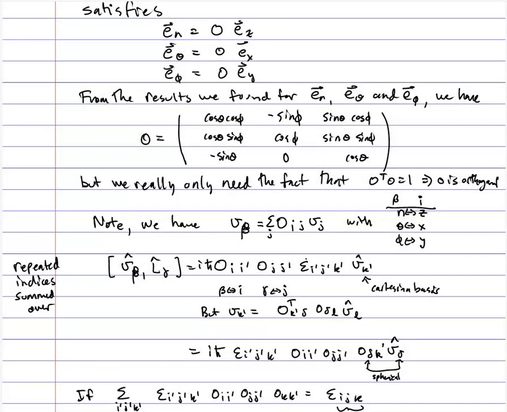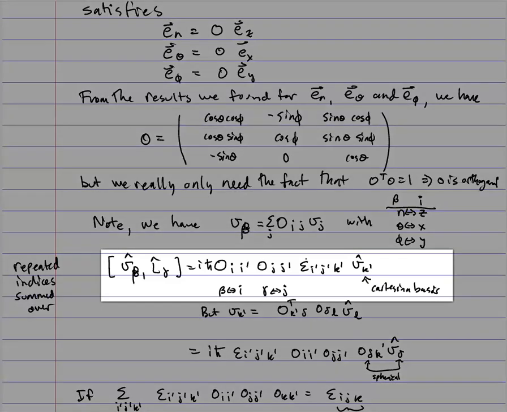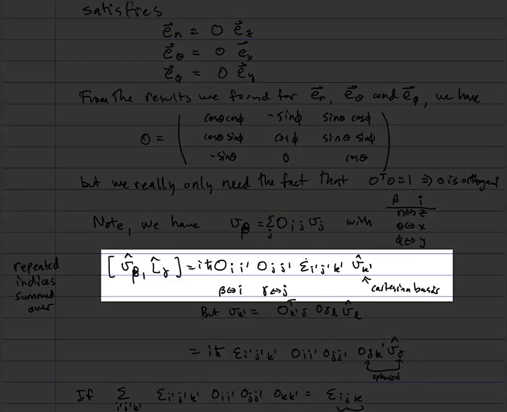When we write these transformation matrices, you should think of the second component of the matrix as being Cartesian and the first component as being in the new basis, which is our spherical basis of n, theta, phi.